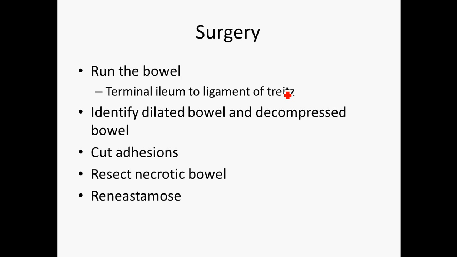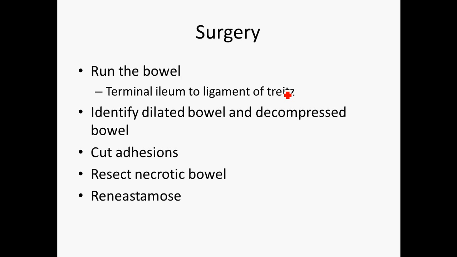You're going to cut down adhesions that could be causing the problem from prior surgeries, and resect necrotic bowel, get rid of anything that's dead, and then you re-anastomose it, you get it back together. So just a word on how that works. There's different types of staplers that are used for re-anastomosis.